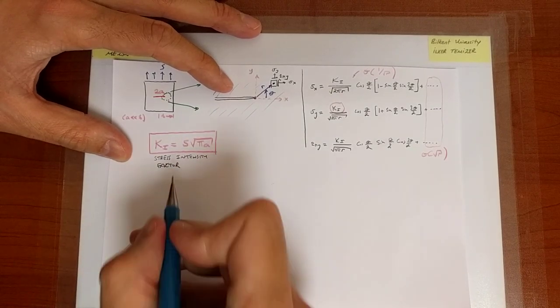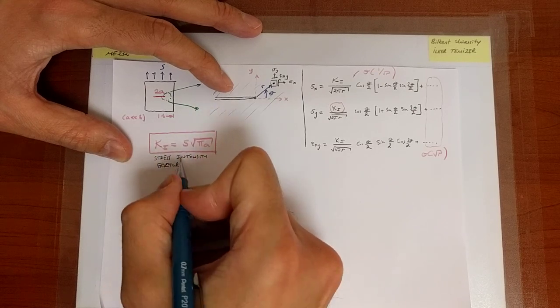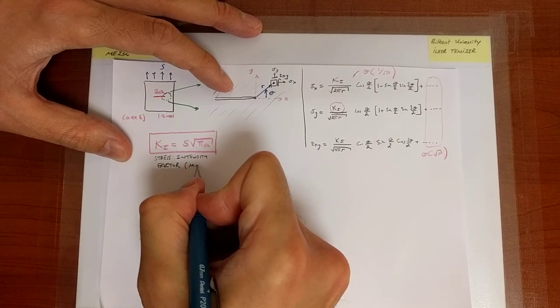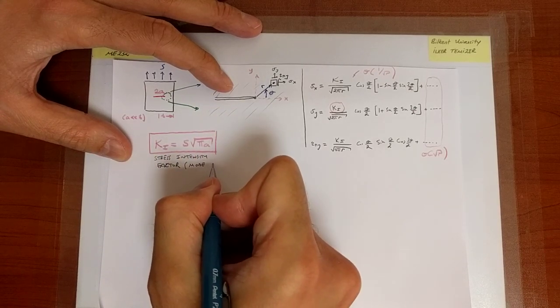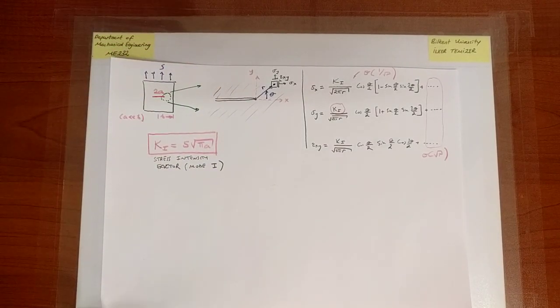Okay, and it is the stress intensity factor for I, or 1, for mode 1. Okay. So, since I've called this mode 1, there are probably going to be other modes which I will briefly discuss in a second, and then we're going to work more on them in the future as well.